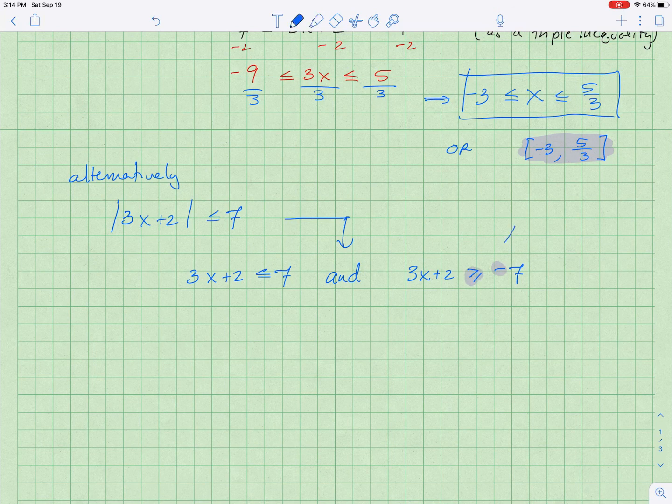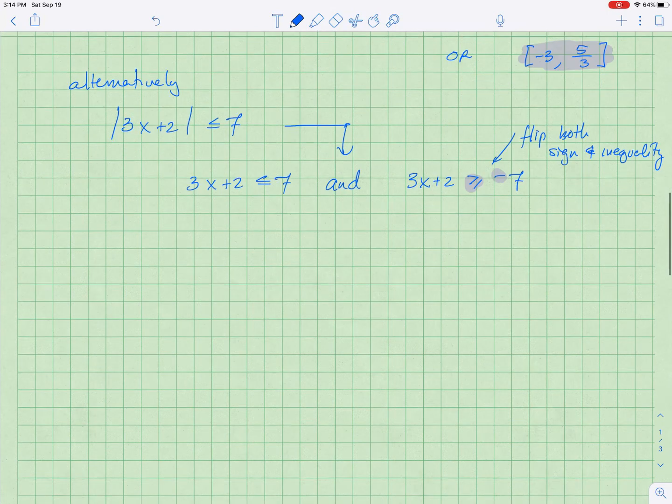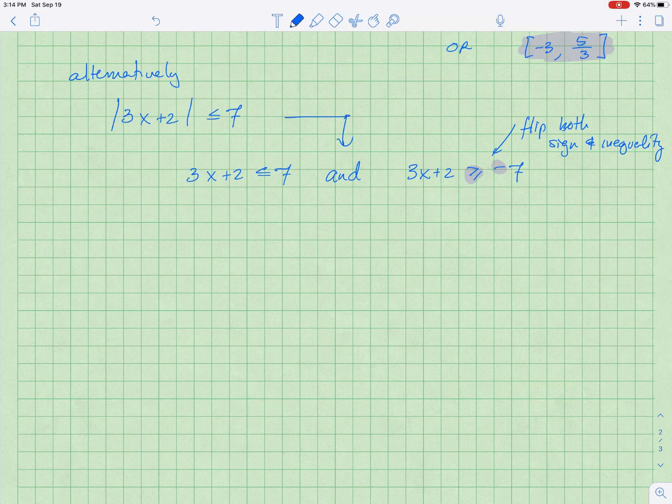So this is flip both sign and inequality on this version. And then you just solve them both separately, right? We'll subtract 2 from both sides.